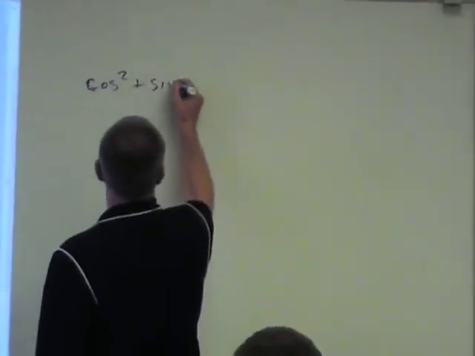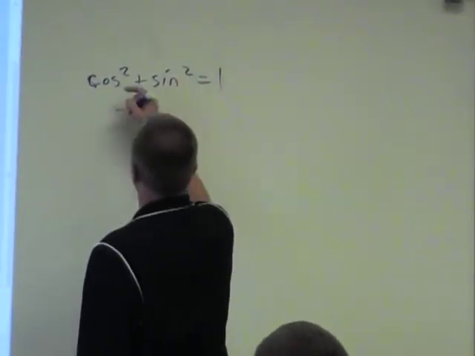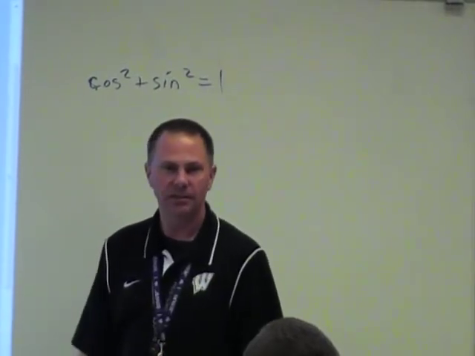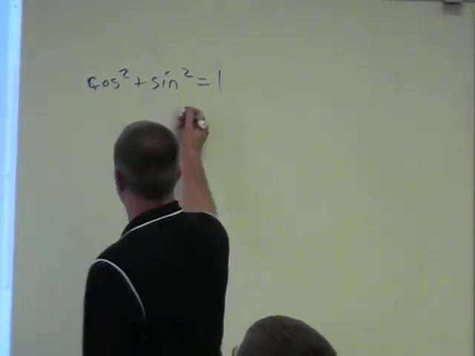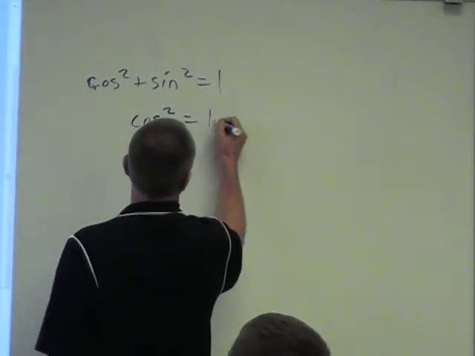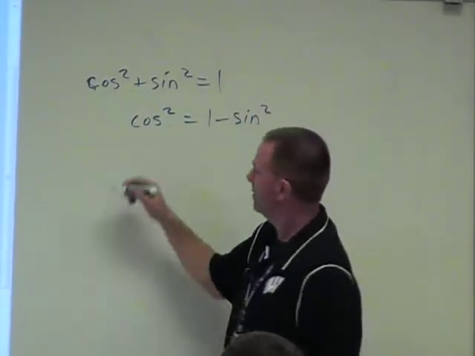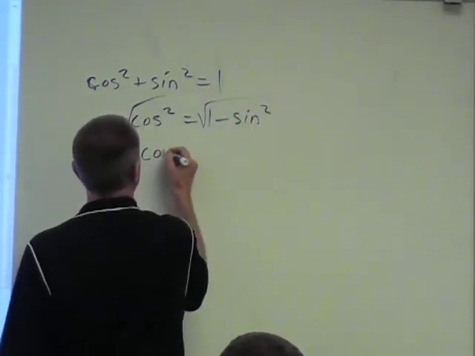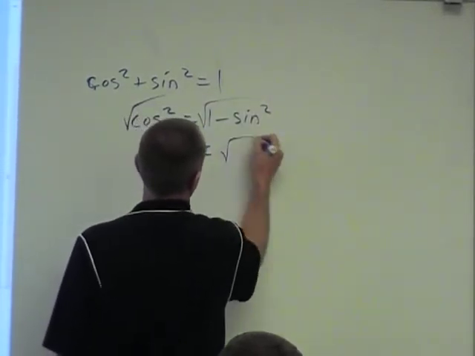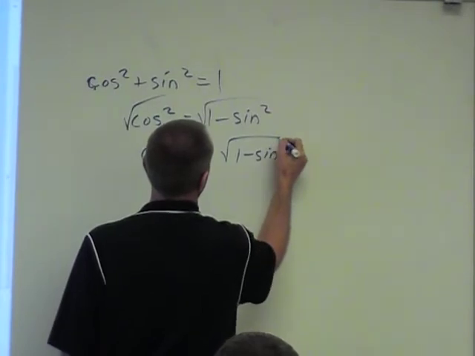Cosine squared plus sine squared equals 1. How do I solve for the cosine? Subtract the sine squared. So cosine squared equals 1 minus the sine squared. How do I get rid of the square? Take the square root. Cosine is plus or minus the square root of 1 minus sine squared.